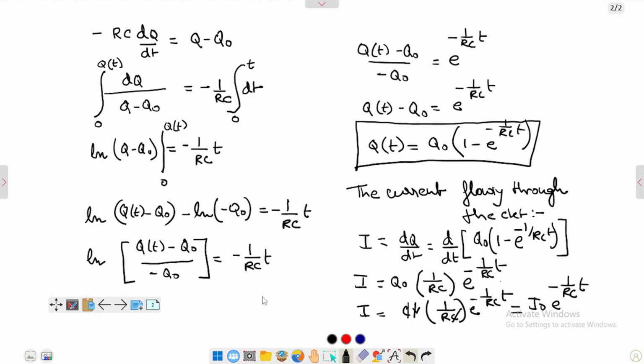So when I get the current flowing through the circuit, my next job is to find out the voltage across the capacitor and the voltage across the resistor. So first, the voltage across the resistance.